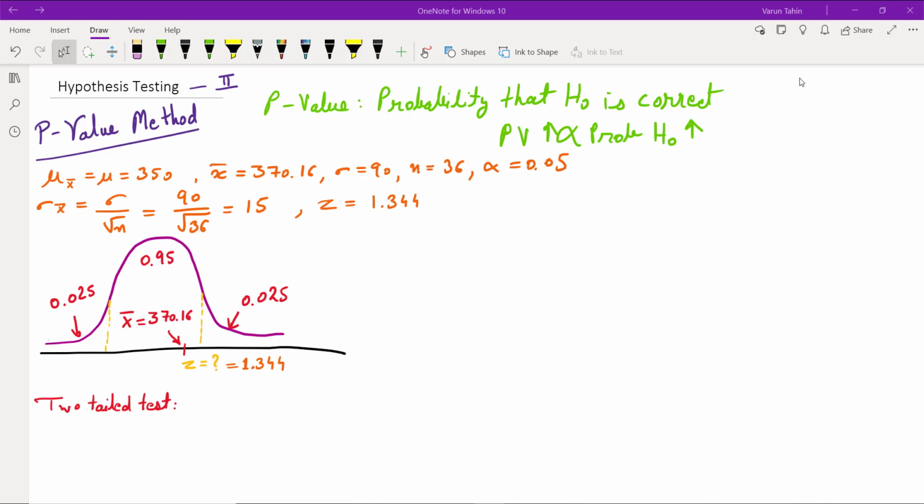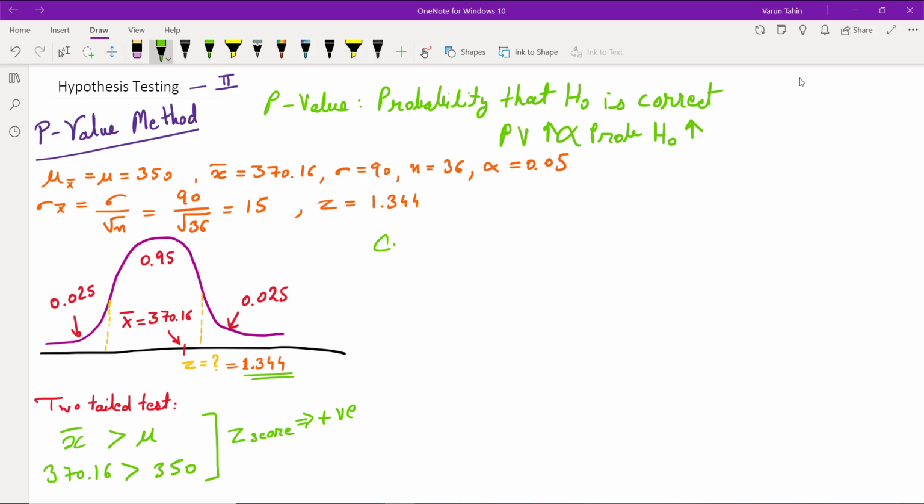Here we can see that the sample mean, x bar, is falling on the right side of the population mean, mu, because 370.16 is greater than 350. In this case, the Z score will always be positive, and we have calculated it as 1.344. Next we will find the cumulative probability.